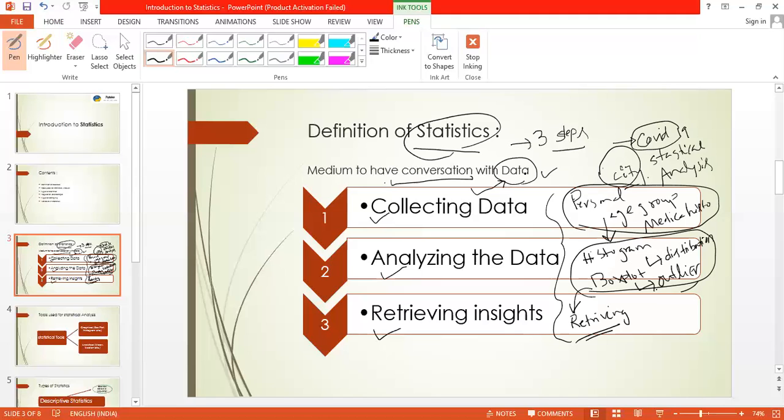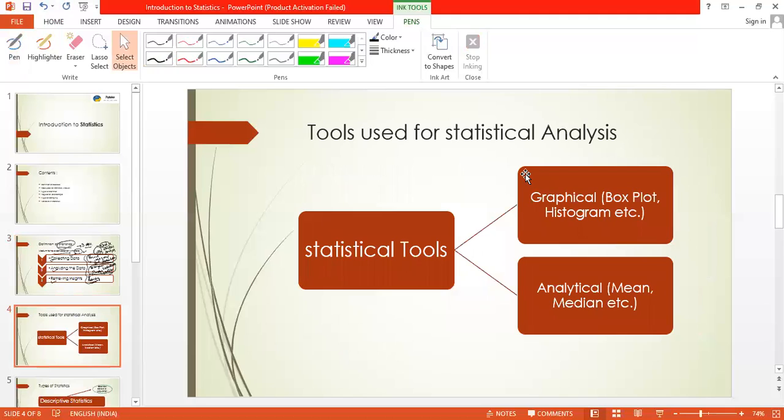Okay, let's go to our next slide. Here in this slide we'll study the different types of tools we have for statistical analysis. If we say tools, we can classify all the tools into two categories.